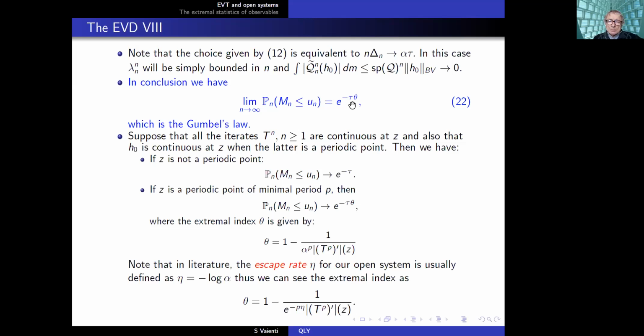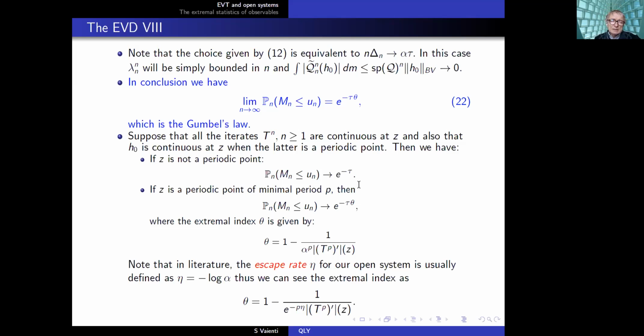Okay, now let me briefly argue what theta is. It can be proved the following. If we put the target set around a point z which is not a periodic point, plus other regularity conditions, which I'm not going to explain here but are not very important, what we get is theta equal to 1, which is usually what people expect in general.